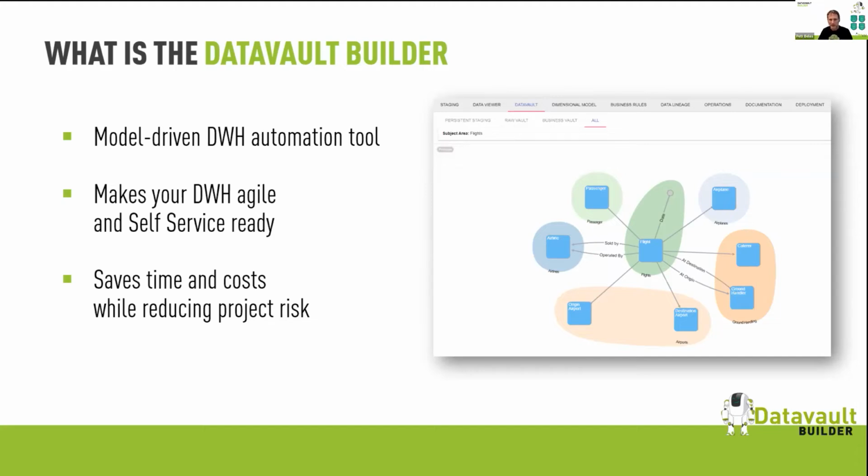The target is to create a simple model and translate this kind of model into working code in real time, so that it makes your data warehouse very, very agile. It makes it ready for self-service, like creating new interfaces, dragging in columns, and renaming them, which can be done by less technical people. And it saves you a lot of time and costs, and it reduces your project risk.